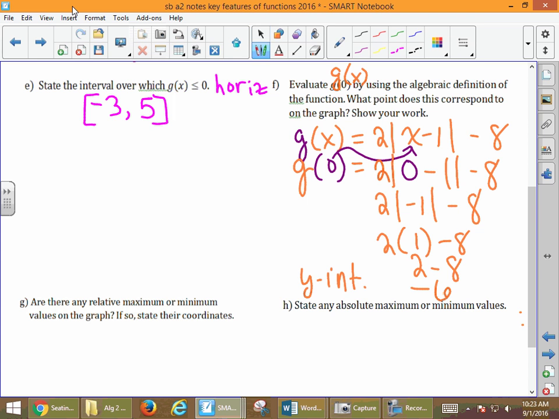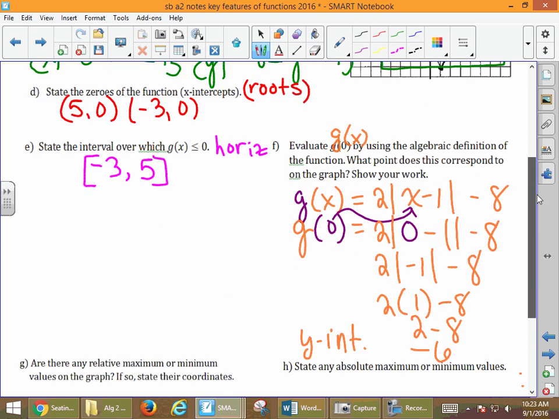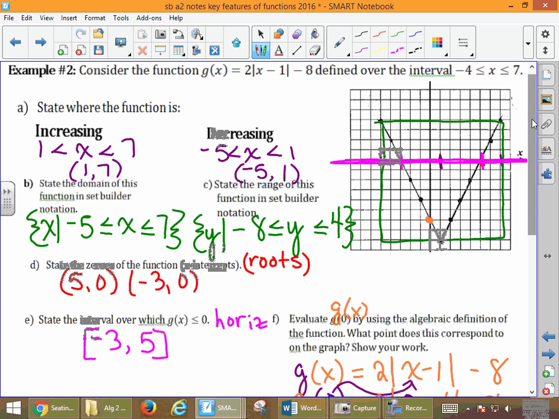So when we look at letter G now, it says, are there any relative maximum or minimum values on the graph? If so, state the coordinates. So when we go back and look at the picture, a minimum is a low point. We happen to have this low point right here.